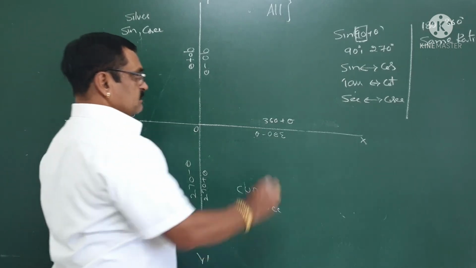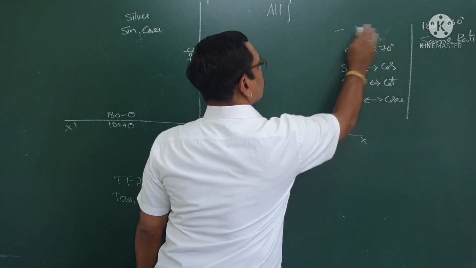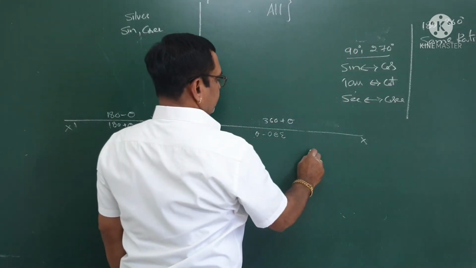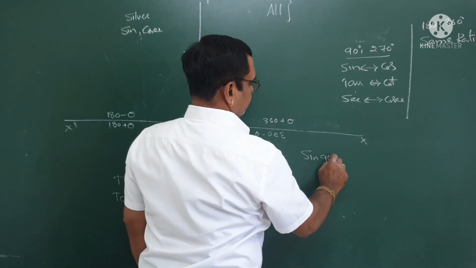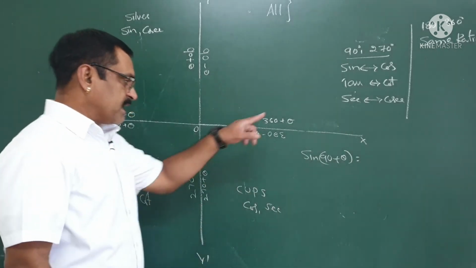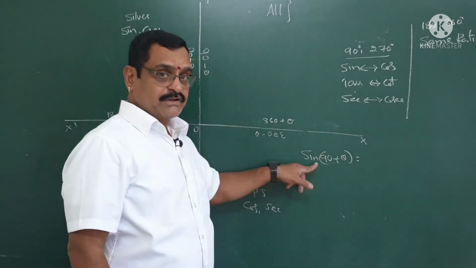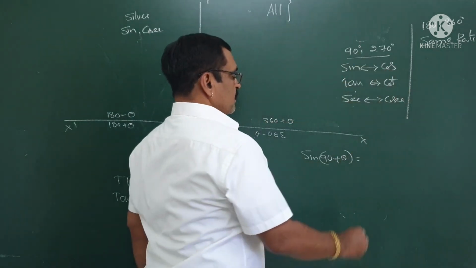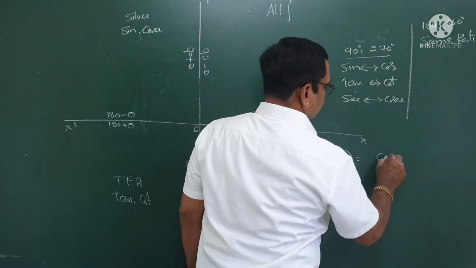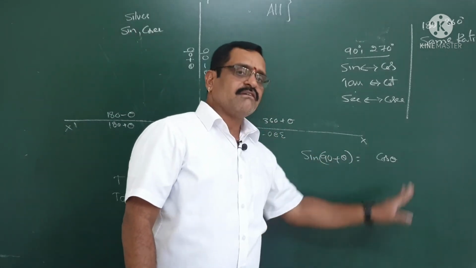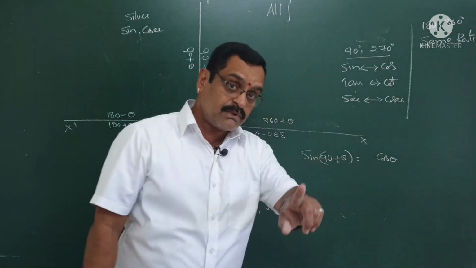I want to find sine of 90 plus theta. Because of 90, sine will become cos. So please write first of all cos theta. So sine of 90 plus theta will become cos theta. This is step number 1.